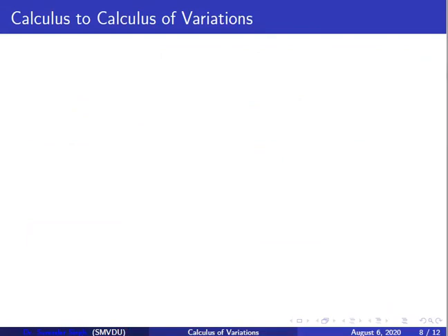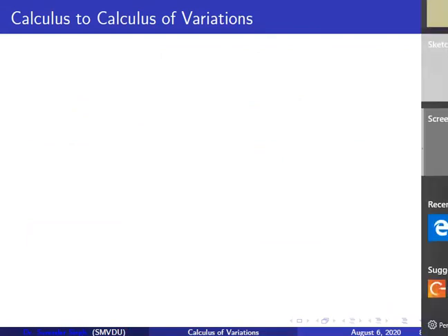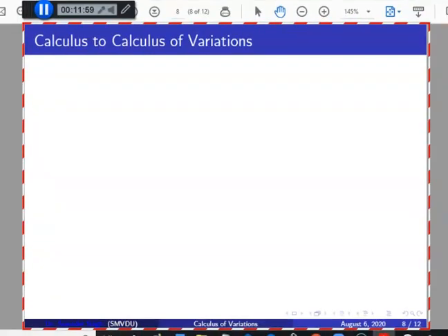Now in calculus of variations, how is this calculus of variations different from calculus? In calculus of variations we do not have a function of one or more variables, but we have something else, a function of a function. Later I will call it a functional.